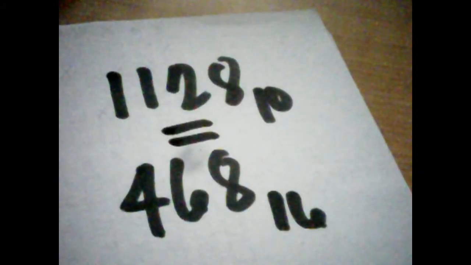The answer is 4, 6, 8. This is the hexadecimal form of a decimal number 1128. Okay? So 1128 is equivalent to 468, a hexadecimal.